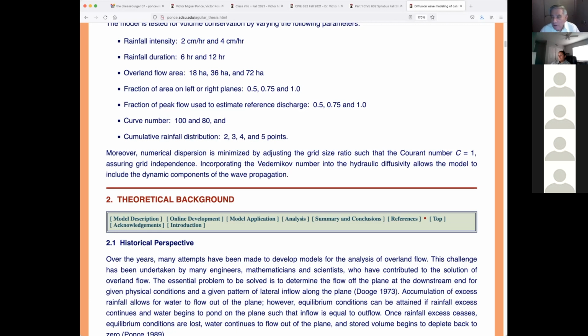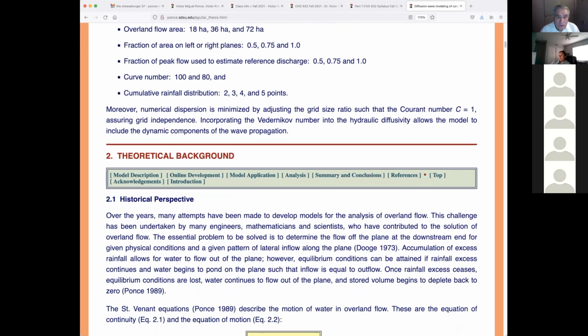Everything runs off. But if it's 80, then you have to put in the curve number methodology, and that's not easy. Not so much the curve number, but the actual algorithm to make sure that any distribution of precipitation actually gets accounted for. So for rainfall distribution, you can have 2, 3, 4, and 5 points. I'll talk about that in a little more detail later.